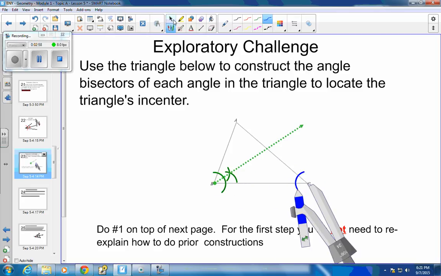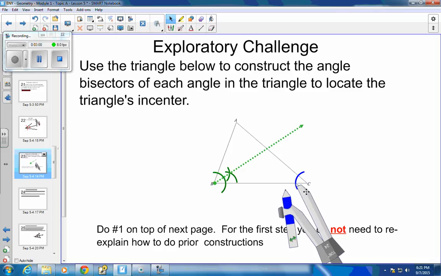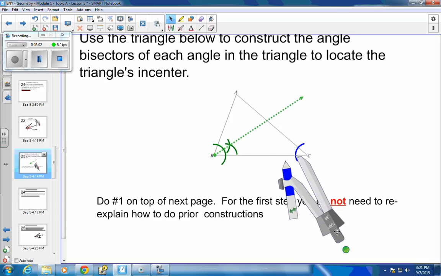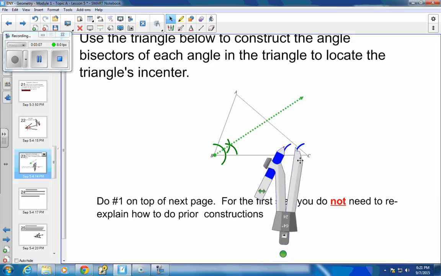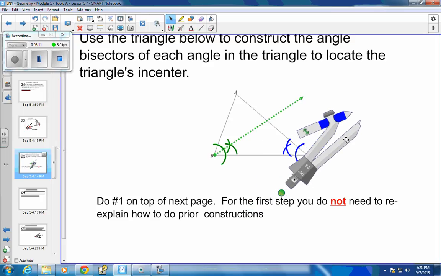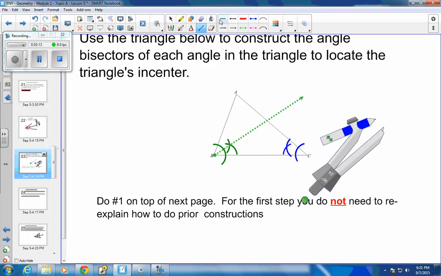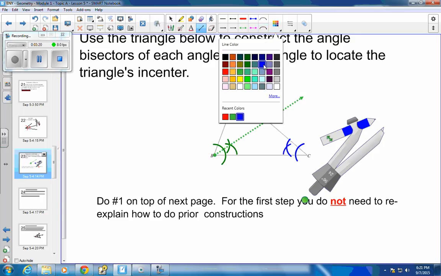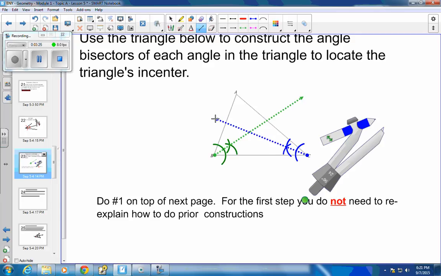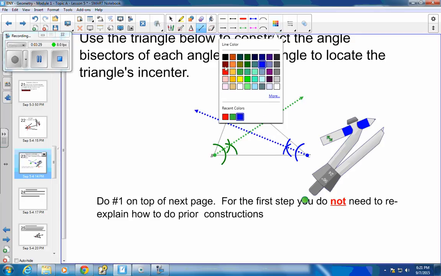And then I'm going to move my compass to the first intersection, and I'm going to make either a circle or just an arc, move it to the second intersection, a circle or just an arc, and then I'm going to go up here and grab a ray tool again, and I wanted it to be blue so it matches. I'm going to go from my vertex through my intersection here, and I've got one more side to do.